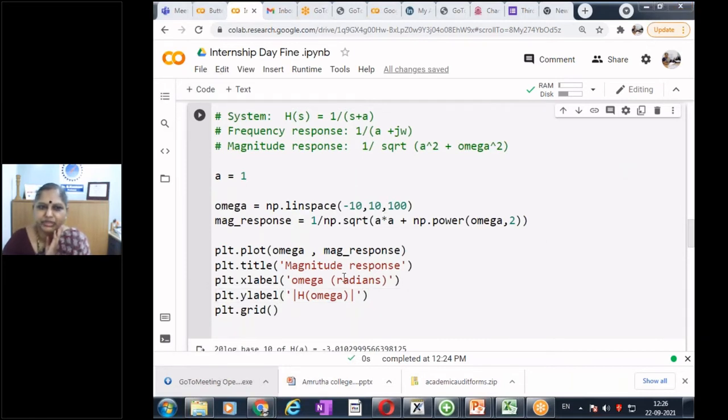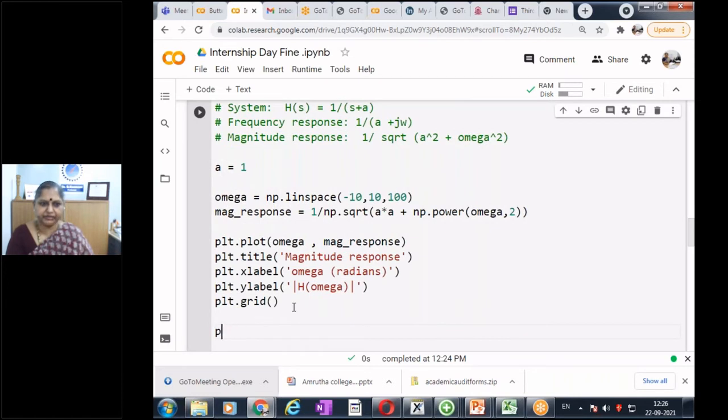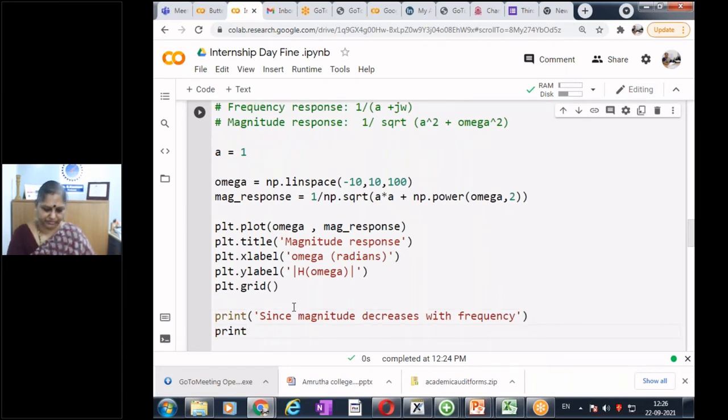Are you comfortable with getting the magnitude response and plotting it? Then we will write a statement, print: since magnitude decreases with frequency, the filter is a low pass filter.